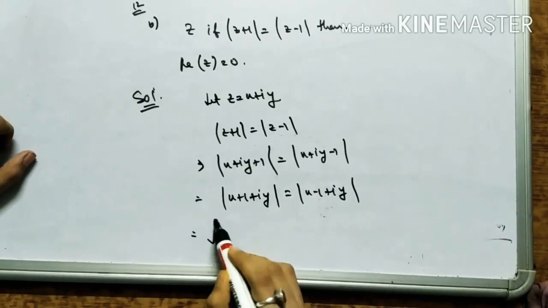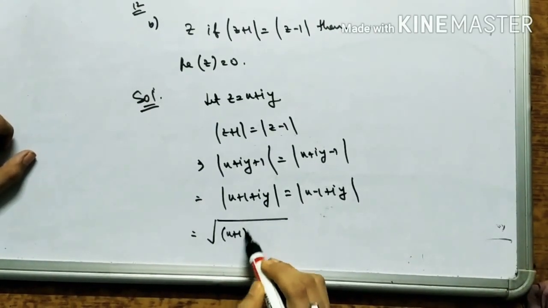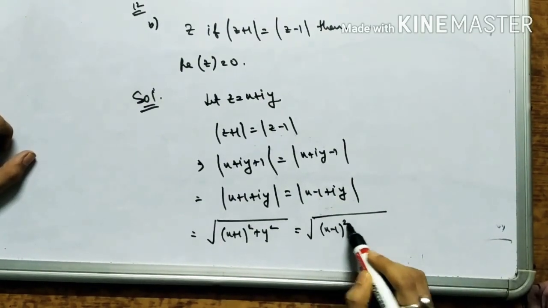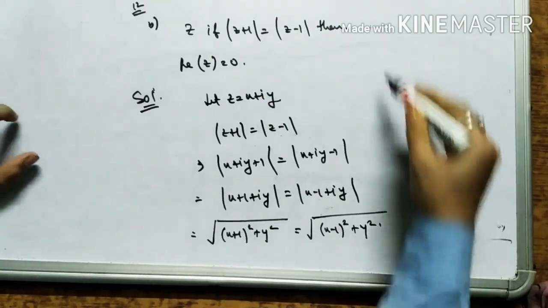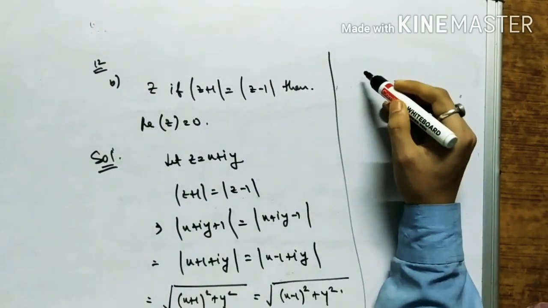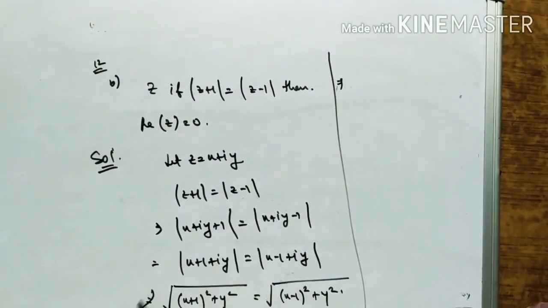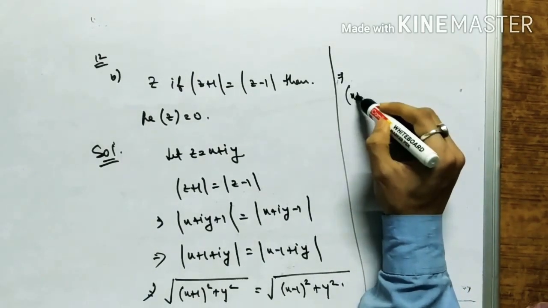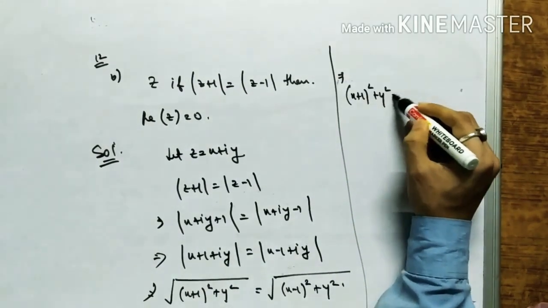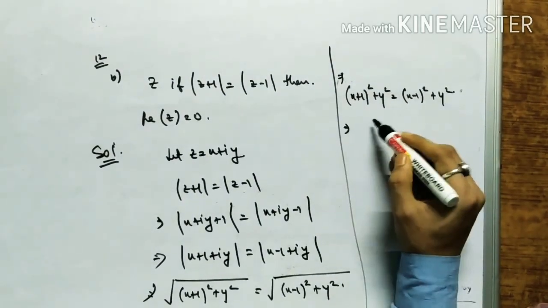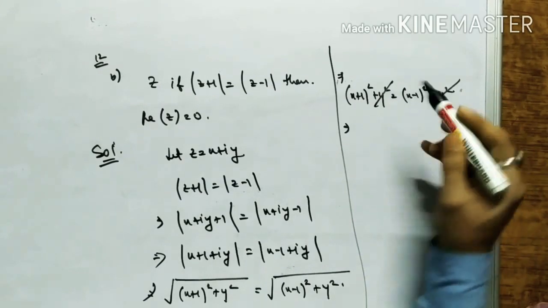This gives root over (x plus 1) the whole square plus y square equals root over (x minus 1) the whole square plus y square. Squaring both sides, (x plus 1) the whole square plus y square equals (x minus 1) the whole square plus y square, and y square cancels.